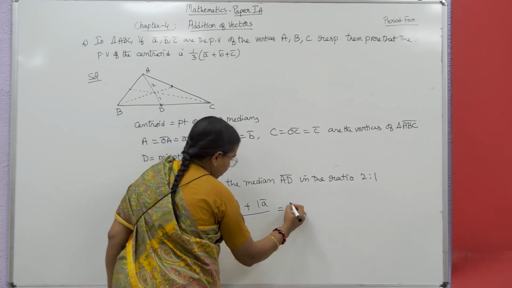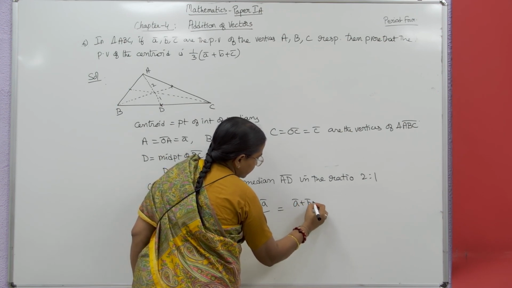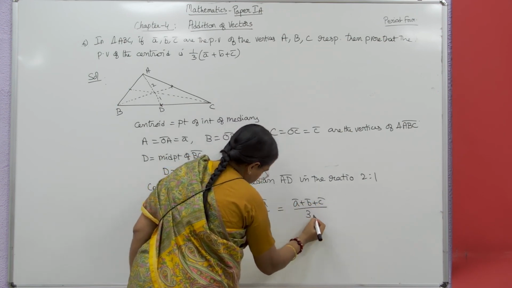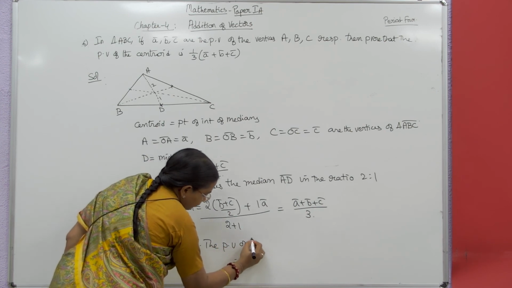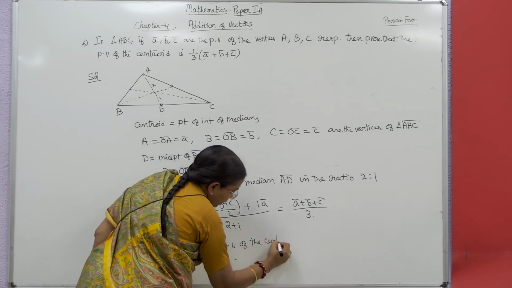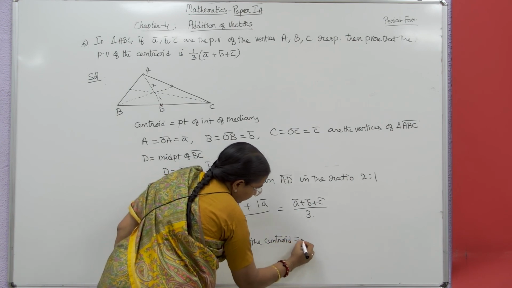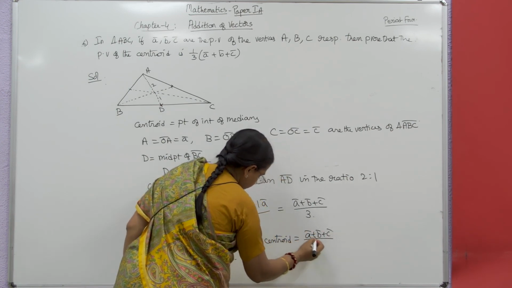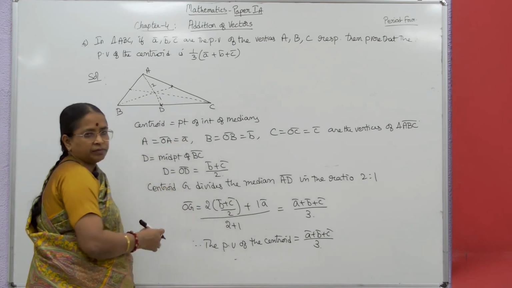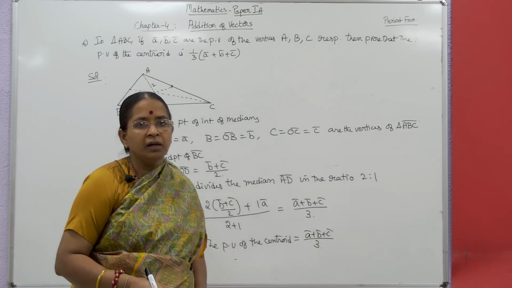So it is equal to A plus B plus C by 3. Therefore the position vector of the centroid is A plus B plus C by 3. Position vector of centroid is nothing but OG. We'll continue in the next period.